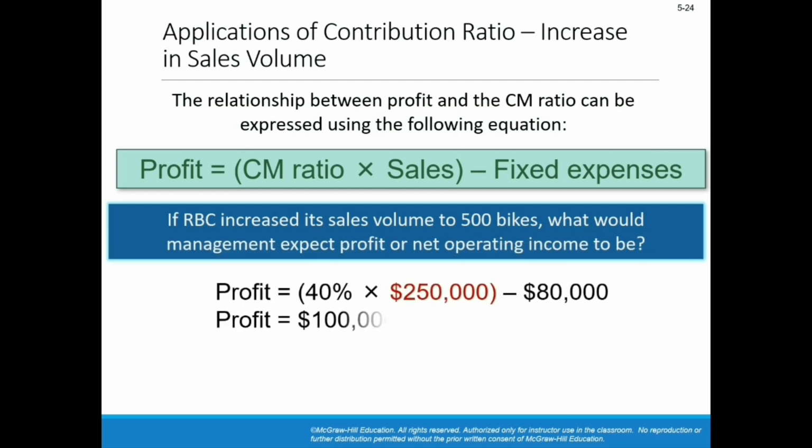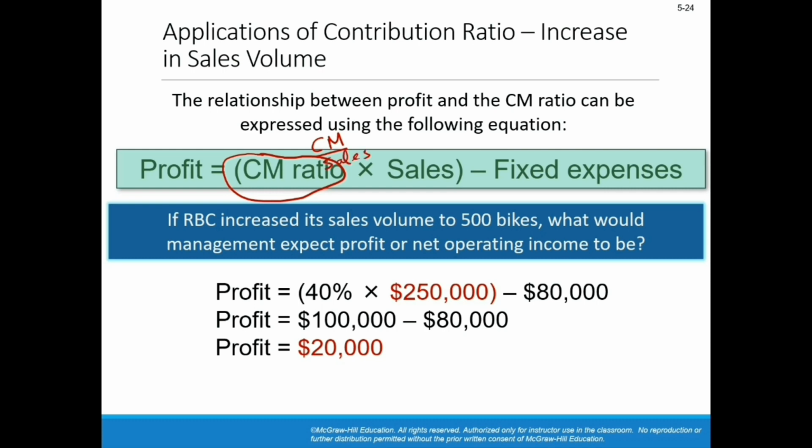Okay, so here basically they are rearranging the whole thing. If you insert here, instead of CM ratio, CM divided by sales, and continue, multiplied by sales minus total fixed cost, what will you get?